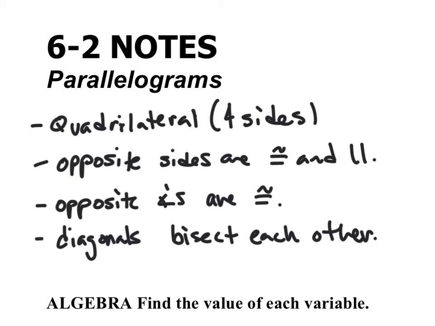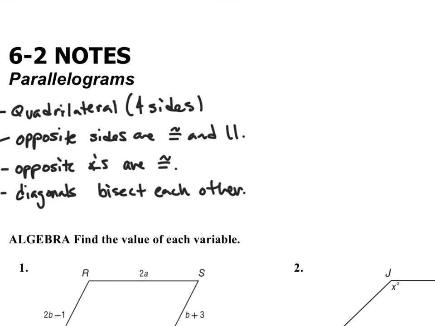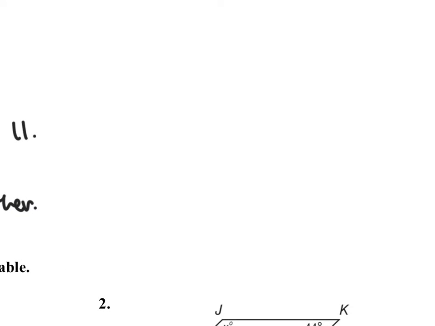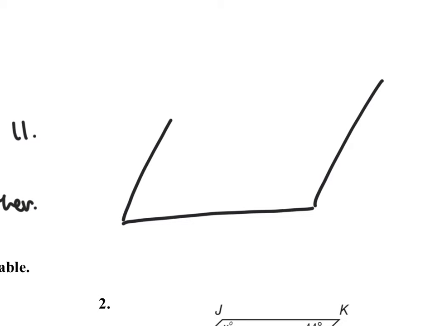Okay, so let's just draw a generic picture of a parallelogram. A parallelogram is something that looks like this. I'm going to draw a line going like that, and then a line going up like that. Remember that opposite sides have to be parallel and congruent. So I'm going to draw a line that goes out like this, and then a line that goes over like that.